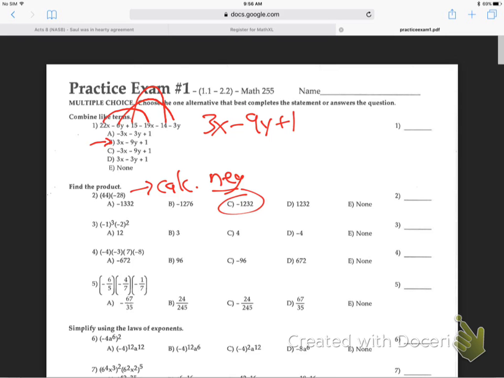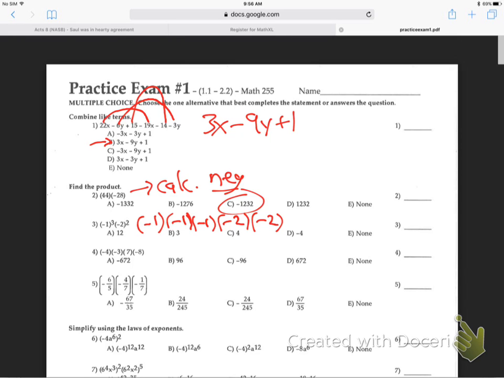All right, so number 3. How do we do that one? Do the powers. Negative 1 to the third power is negative 1, negative 1, negative 1. And then negative 2 to the second power is negative 2, negative 2. So how many negatives do we have altogether? 5. And so is the answer in the end going to be positive or negative?